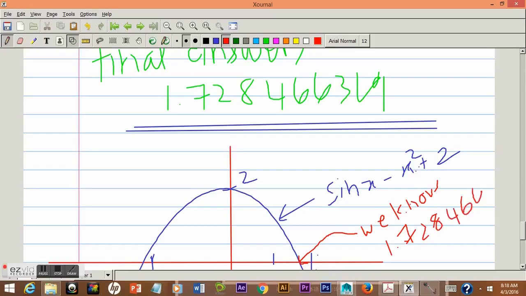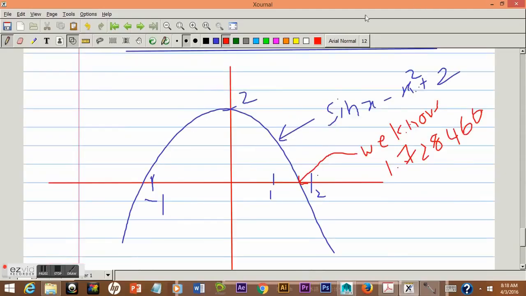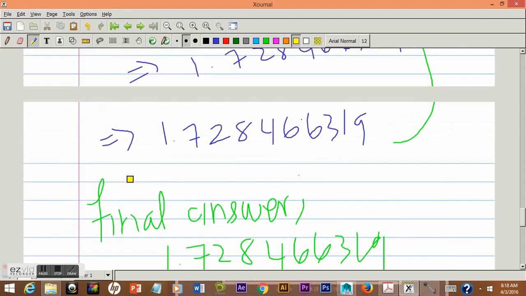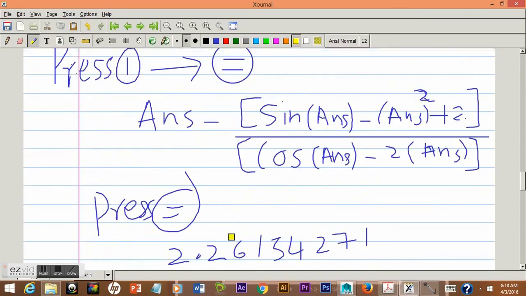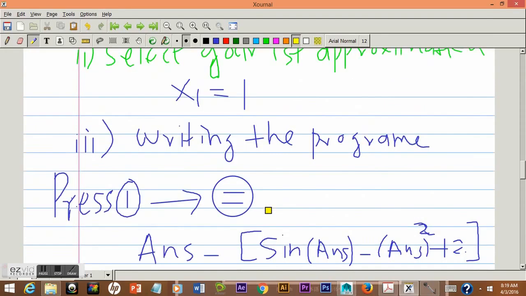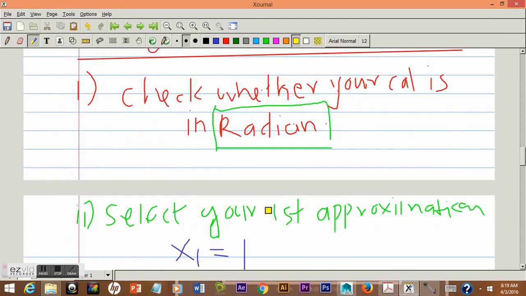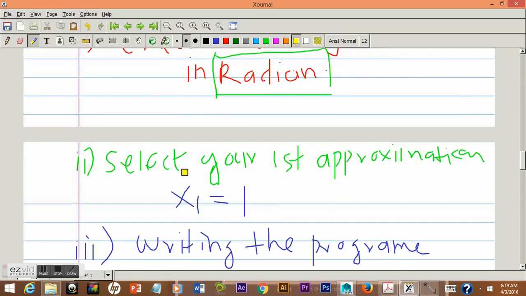That's fine. What about this point? We have to find this point also. So to do that, in the same equation, select your first approximation as -1 because it's close to -1, right?